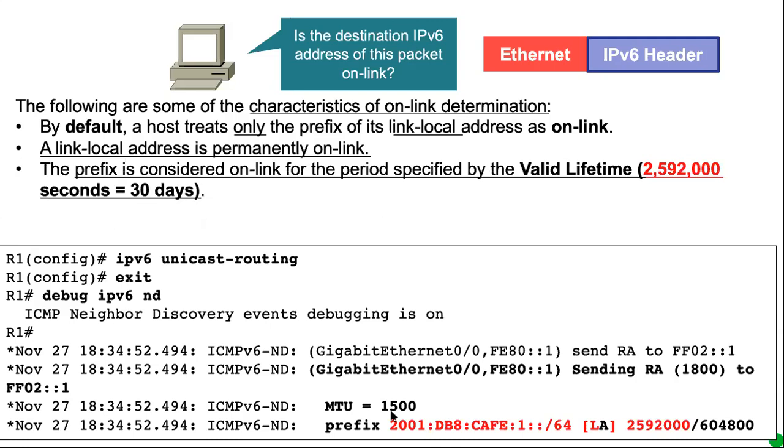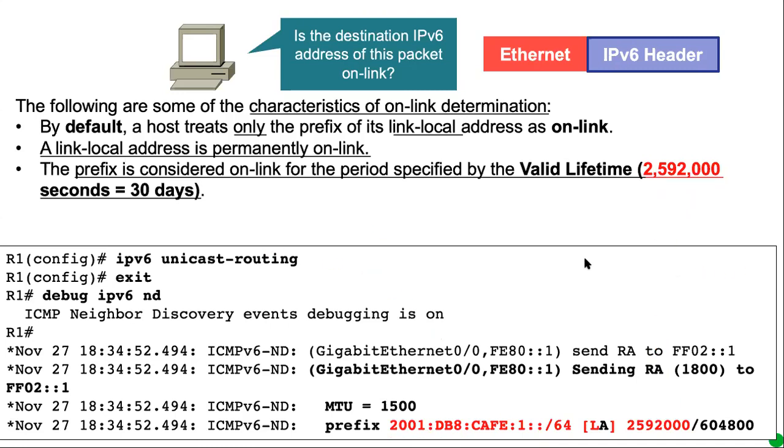The prefix that is advertised in the router advertisement, here we have the prefix in red, is good for what's specified by the valid lifetime. That's actually right here in the router advertisement. That tells the end device to consider this prefix as on link for the next 30 days.